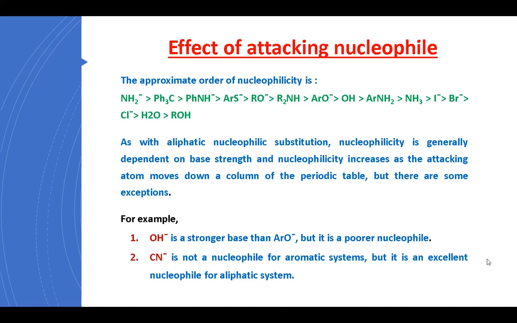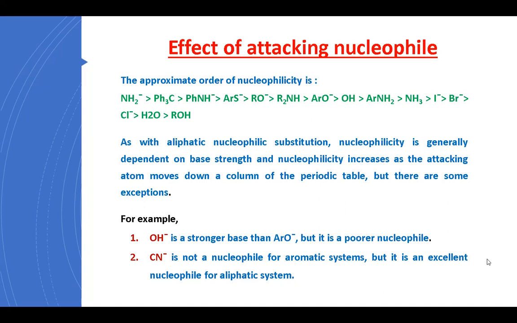The last factor which affects the rate of reaction is the effect of the attacking nucleophile. It is not possible to construct an invariant nucleophilicity order, since different substrates and different conditions lead to different orders of nucleophilicity. However, an overall approximate order is given below.